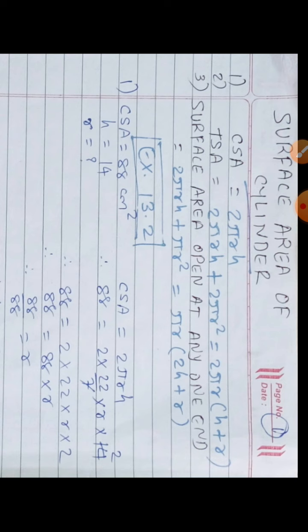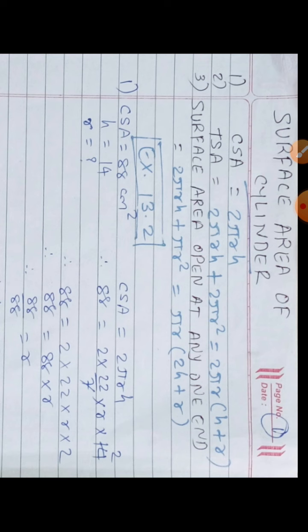Now from CSA, how to find TSA? That is very simple. Something is to be added. What is to be added? Just the area of the circles. So TSA, total surface area, is 2 pi r h plus 2 pi r square. CSA is used whenever the cylinder is open.